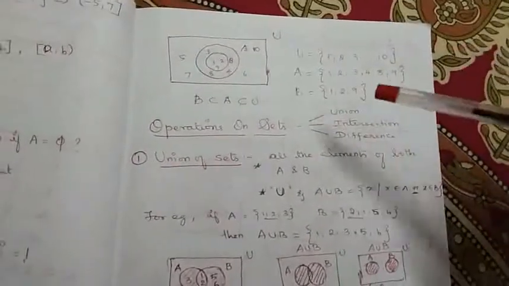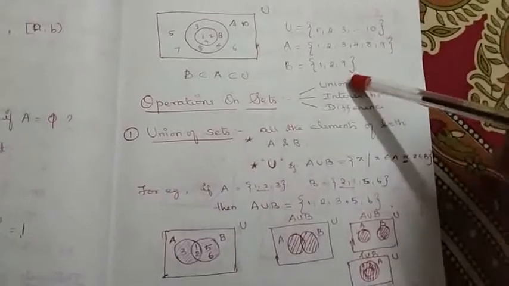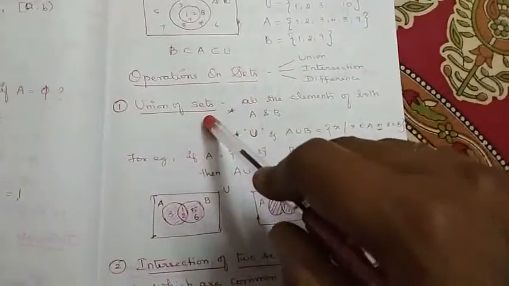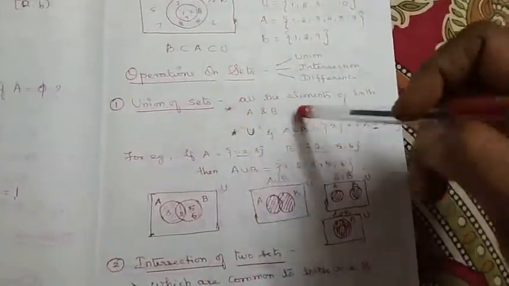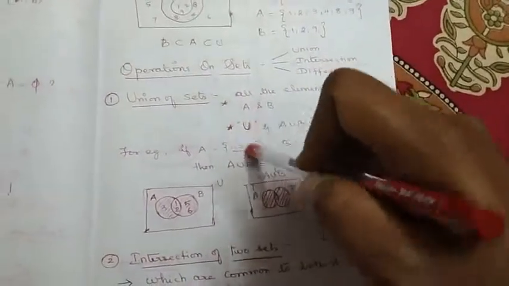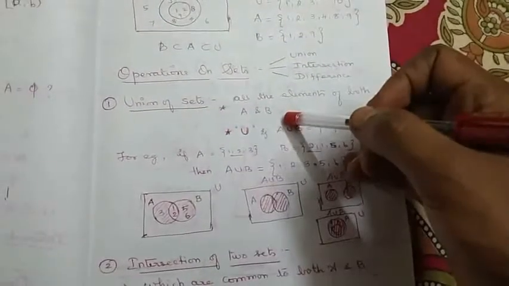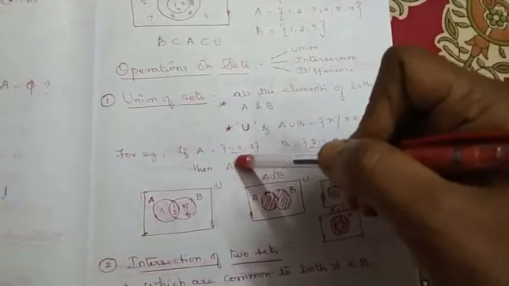Then we have seen operations on sets. What are all the operations on sets? We have seen union, intersection and difference. Union of two sets means all the elements of both A and B. Union of sets is denoted by this symbol U, capital U. Don't get confused between the universal set and this union. If we write this symbol in between two sets, it means union.